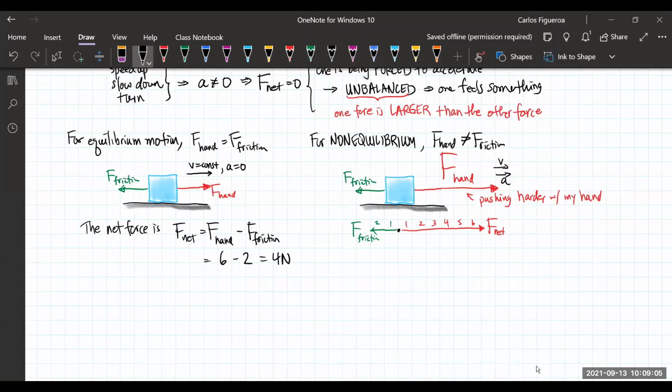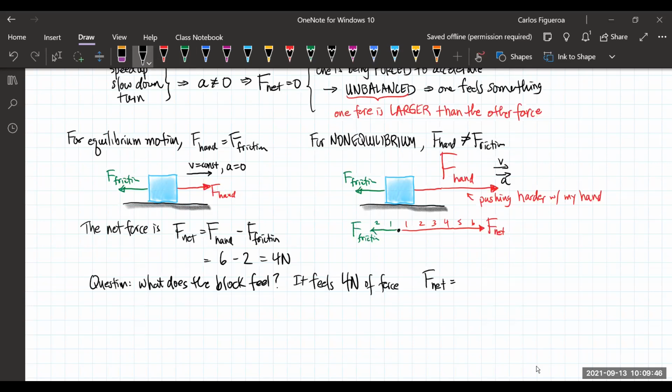So what does the block feel? And the answer, it feels 4 newtons of force. Not the 6 Newton force of the hand, not the 2 Newton force of friction. So therefore, the net force in this case is what?